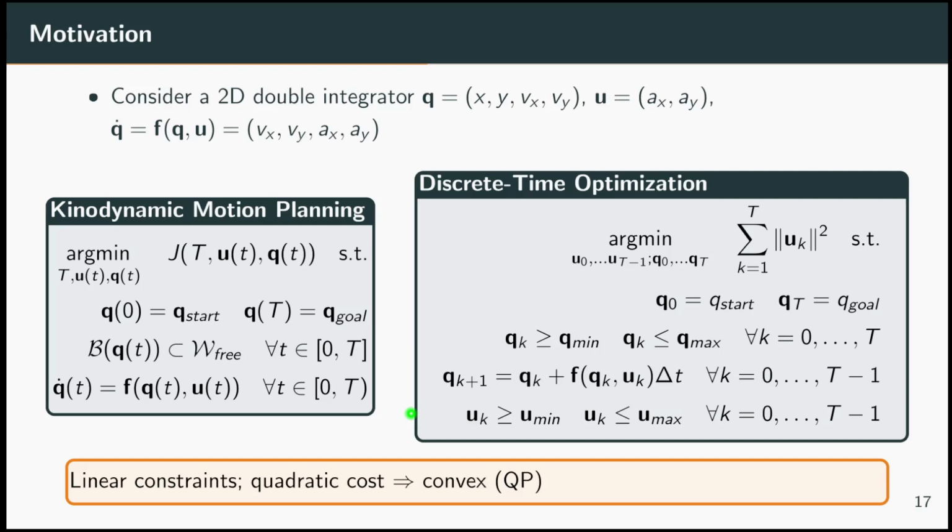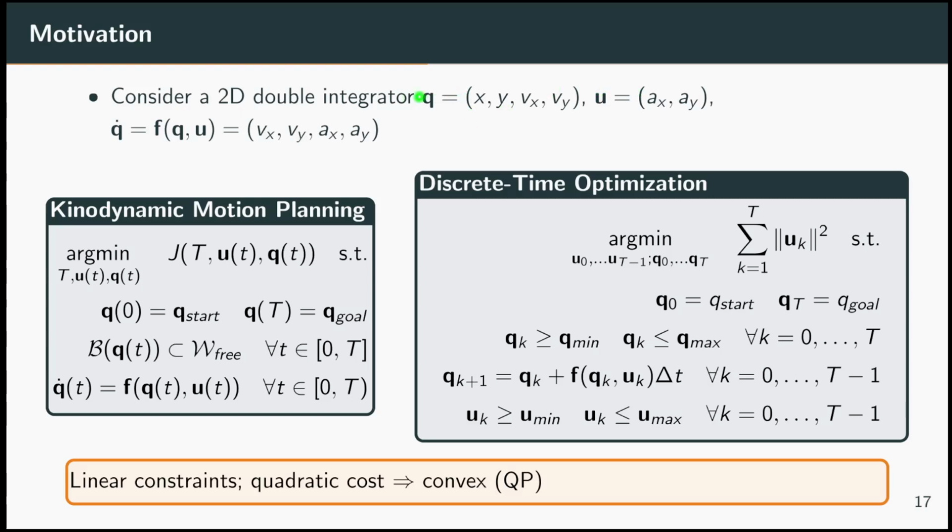Okay, so as motivation, let's look at a fairly simple case, the double integrator in 2D, which I think you have also seen before. So there the state space is really just the position, x and y, and then the velocity, like x dot and y dot. And the action space is the acceleration, also separated by x and y.